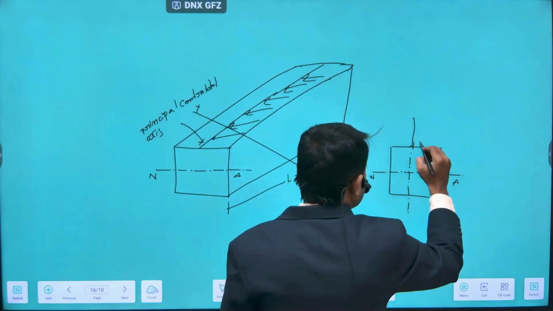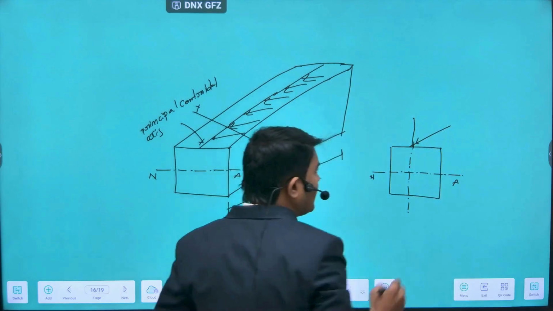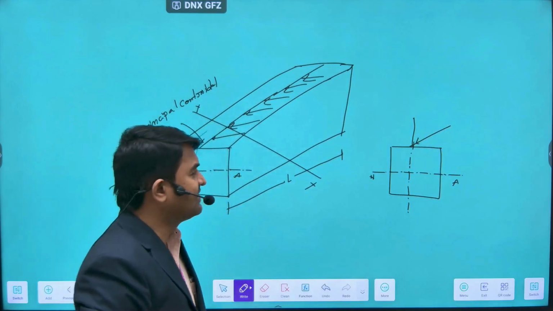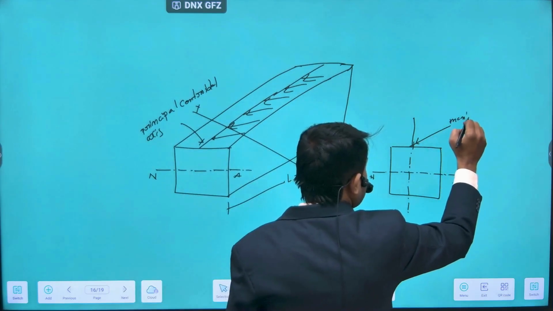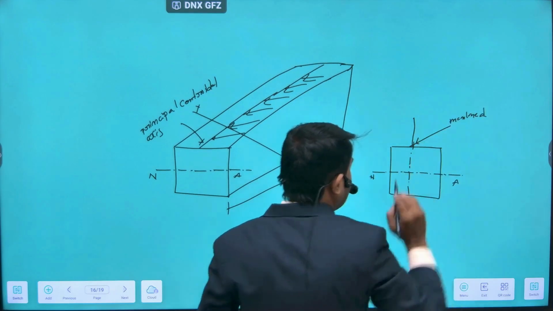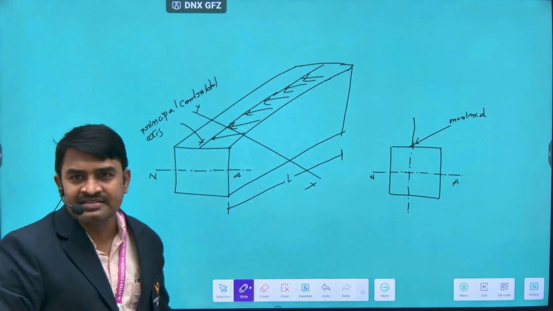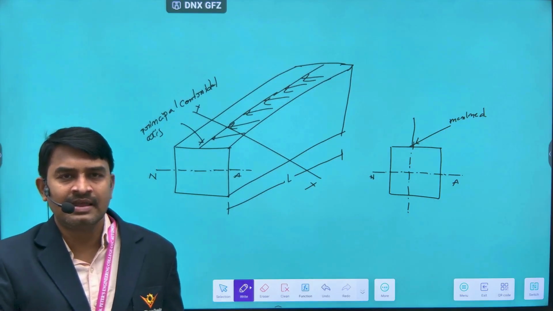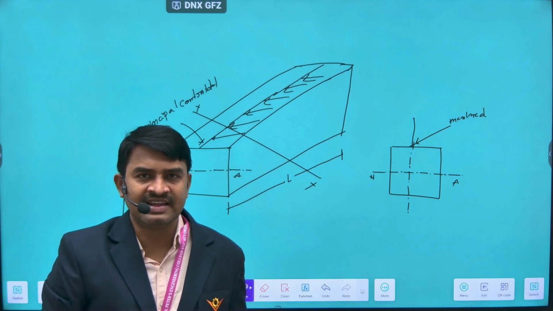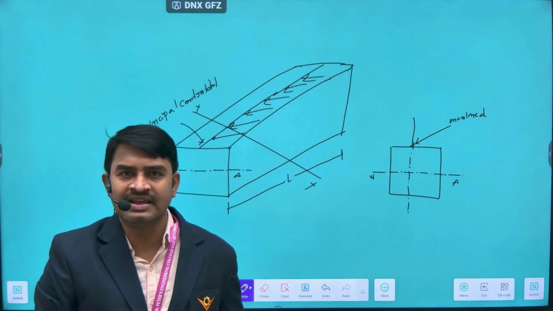Now in unsymmetrical bending, the load acting on the beam is in an inclined direction. That's why it is unsymmetrical bending. Where does unsymmetrical bending come across in civil engineering? This is very, very important.